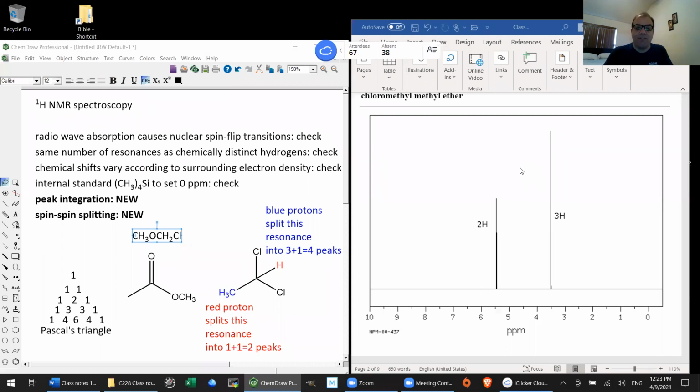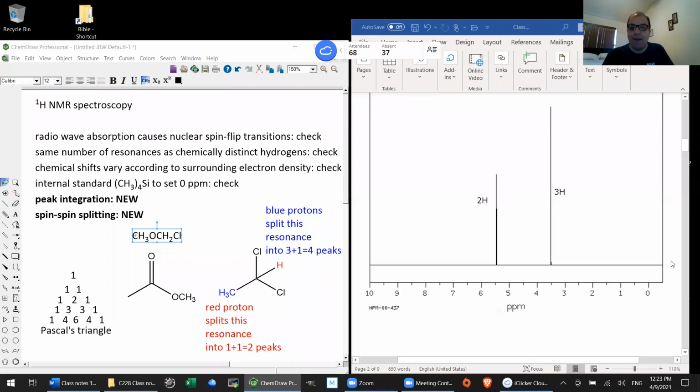One of them is to avoid all this peak integration and spin-spin splitting stuff, because learning all of that at once, that's a lot of stuff. And the other reason it's to your benefit to put this off is because you get to be reminded about NMR here as we're getting closer to the final exam. So it's good to review all that. So there's good and there's bad. And I realize I'm not going to make everyone happy.